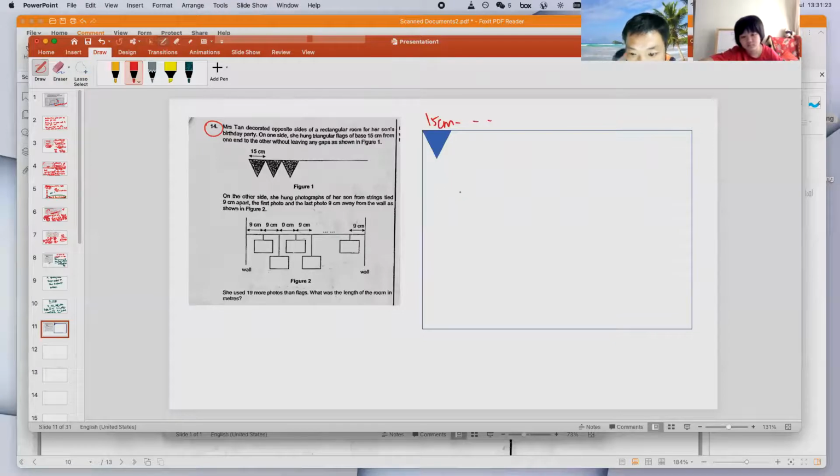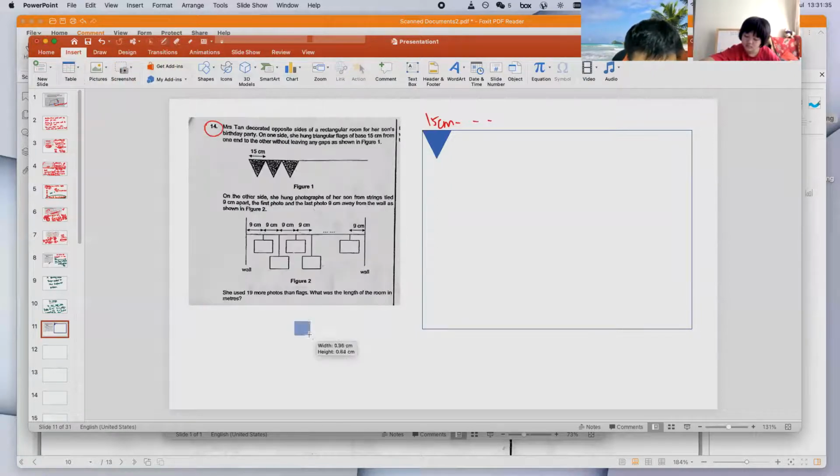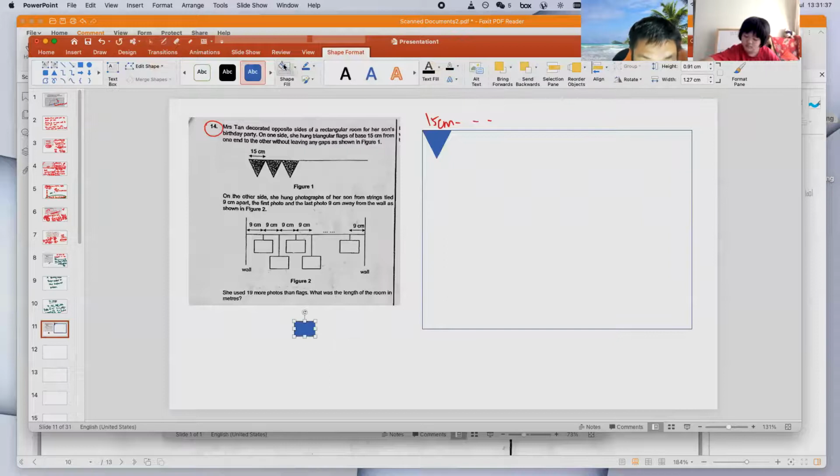And on the other side, which is this side, so basically you have all these. So let me just insert something.